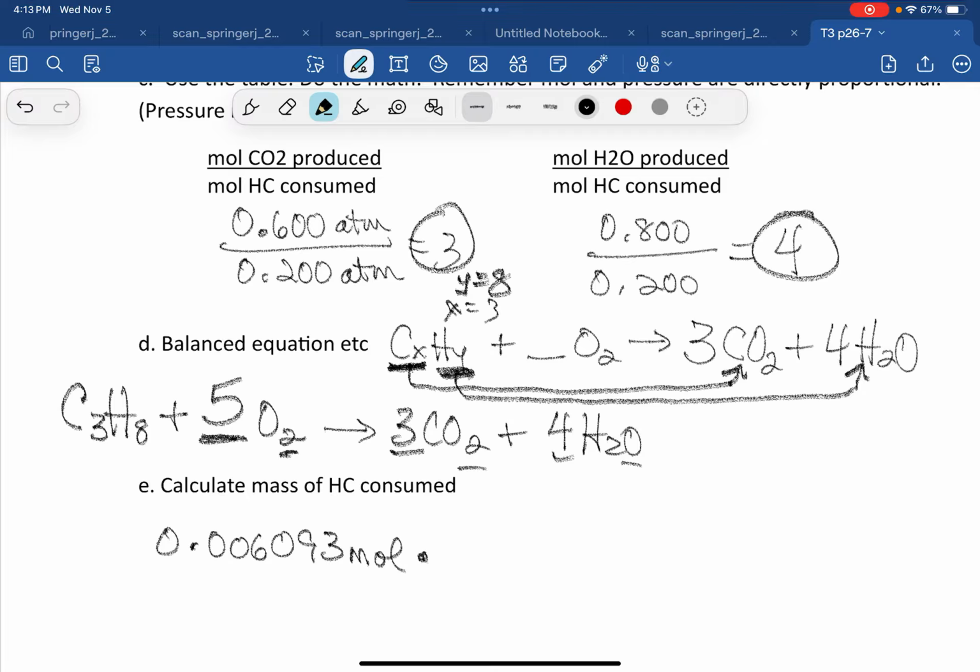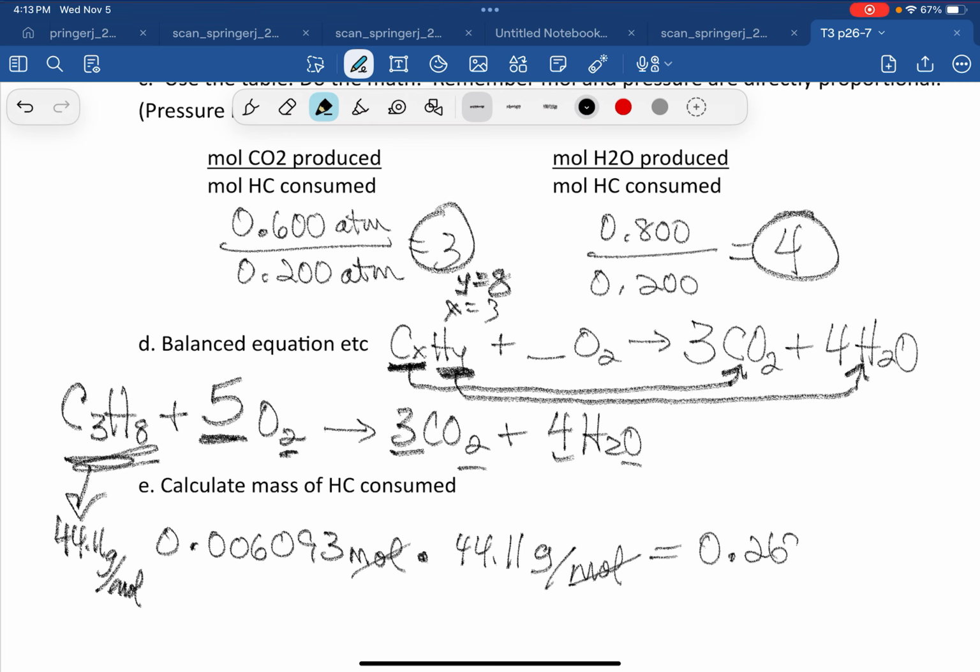And we know we can find the molar mass of C3H8 is 44.11. You can check me if you don't believe me. 44.11 grams per mole. So the moles are canceling. And we take that and we get 0.269 grams as the mass of the hydrocarbon that was consumed.